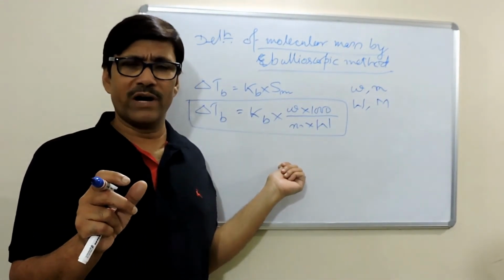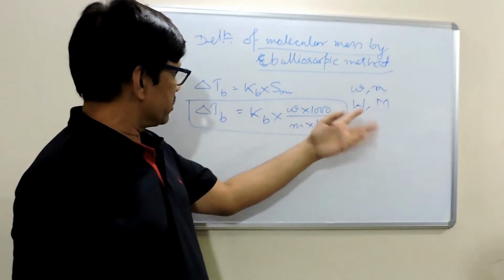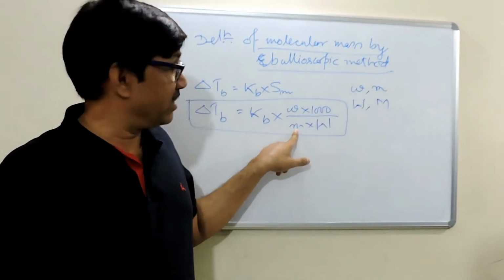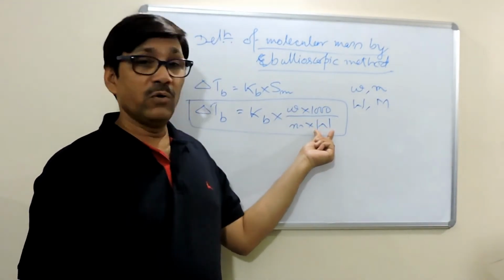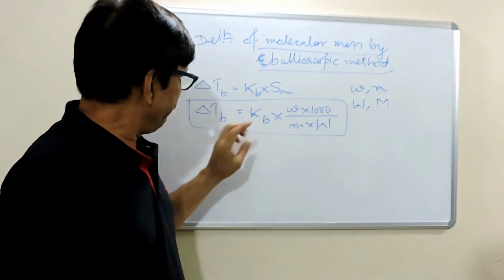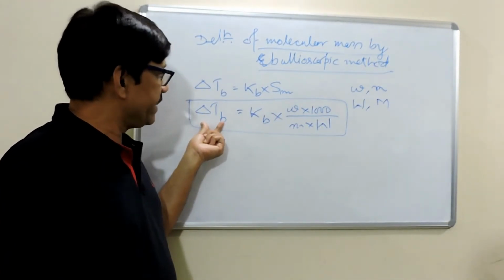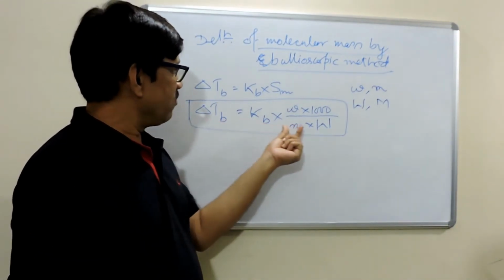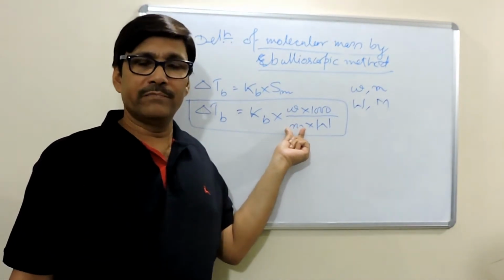We take it as 0.52. 1000. Okay, M is the molecular mass of the unknown solute. We don't know its molecular mass. Capital W is the mass of the solvent, say water, that we will know. So if we can measure this delta TB, that is the difference in boiling point, then molecular mass M can be calculated.